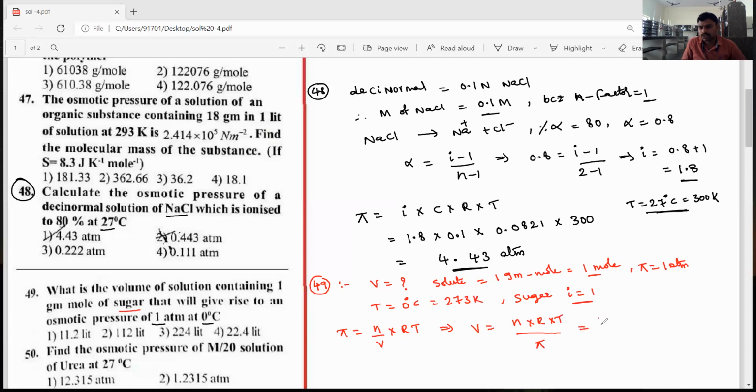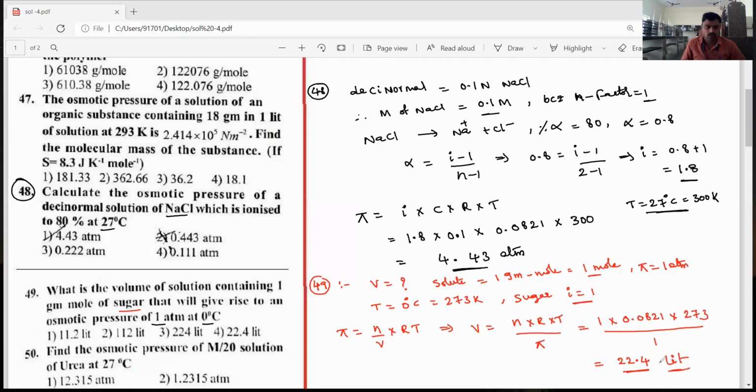The n value is 1 and the R value in liter atmospheres is 0.0821 liter atmosphere per mole per Kelvin, and the temperature is 273, divided by the osmotic pressure of 1 atmosphere. On simplification we get 22.4 liters.